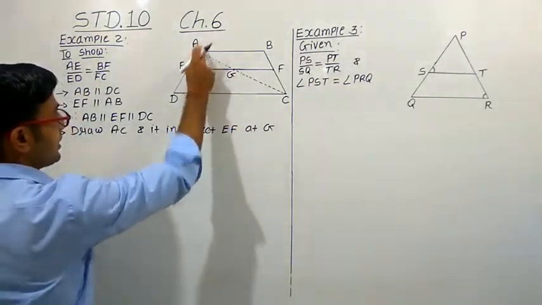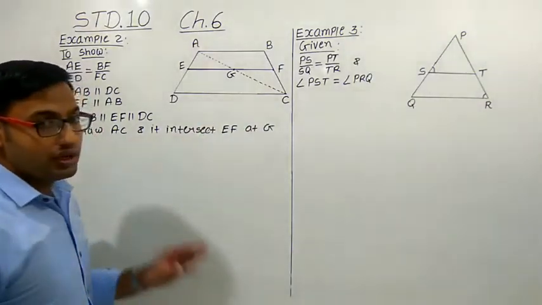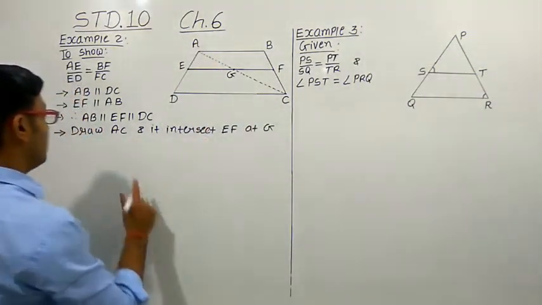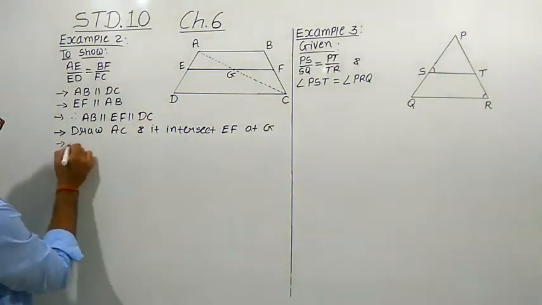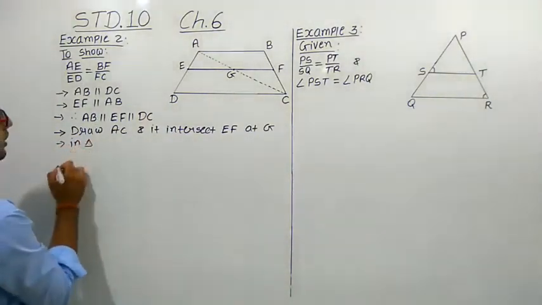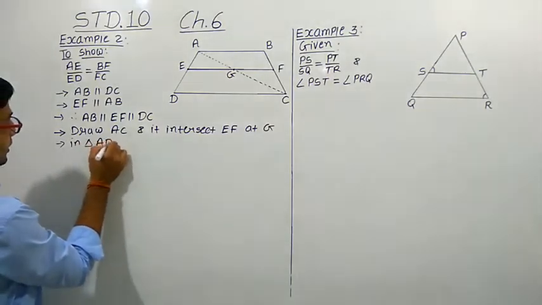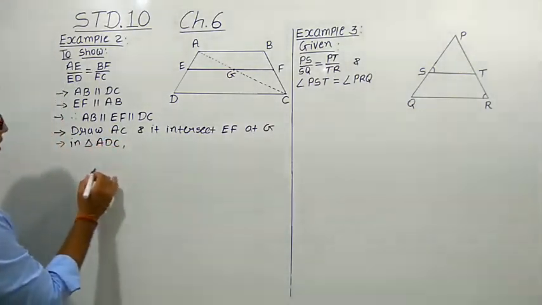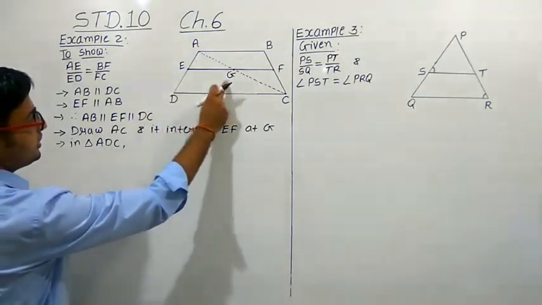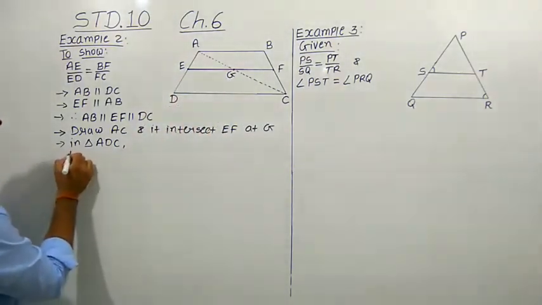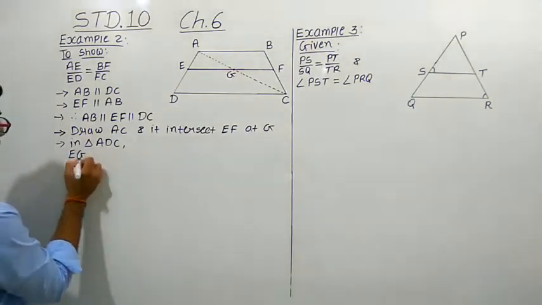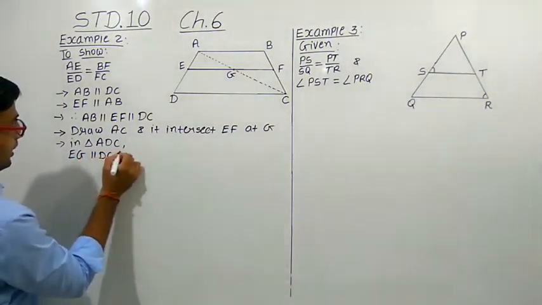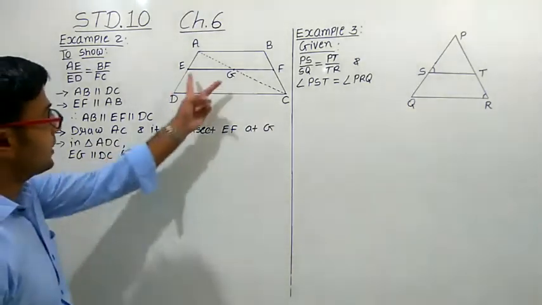So now you can see that there is a triangle ADC. Let us first find out whatever we can from this triangle ADC. So in triangle ADC, we can say that EG is parallel to DC. Why is EG parallel to DC?